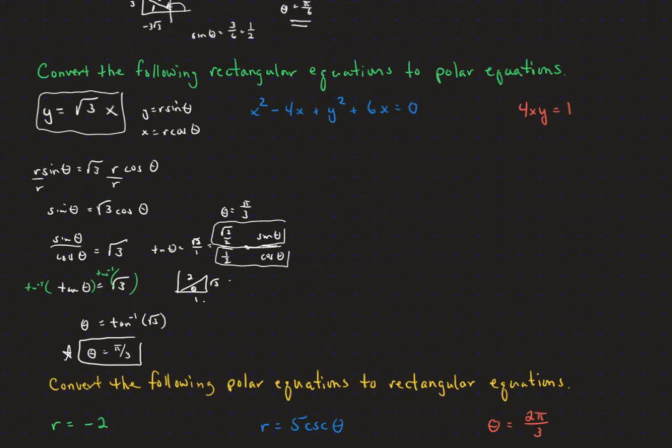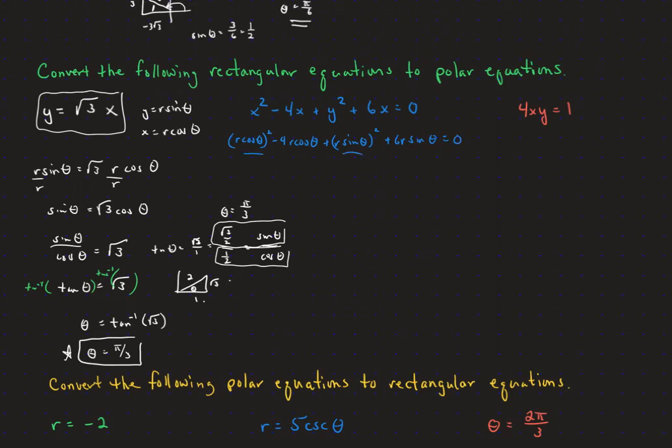Okay, now the next one. We're going to start by trading in again x for r cosine theta, squared, minus 4 times r cosine theta, plus r sine theta for y, squared, plus 6r sine theta is equal to 0.